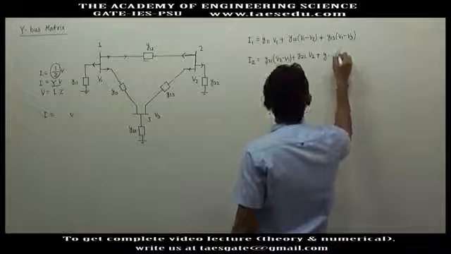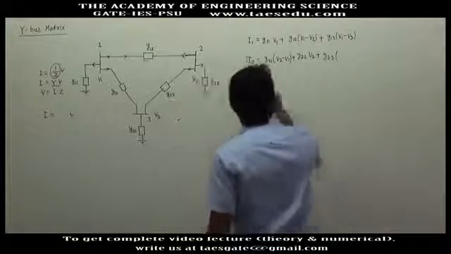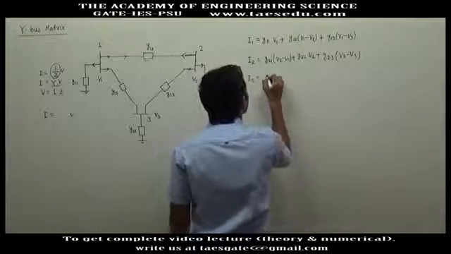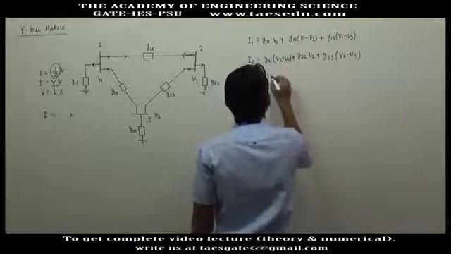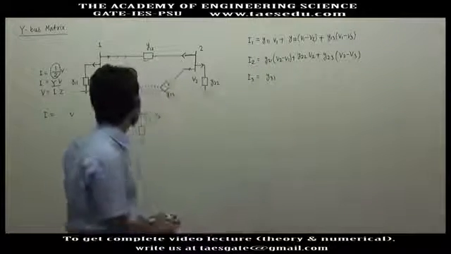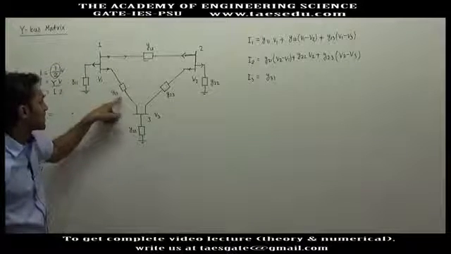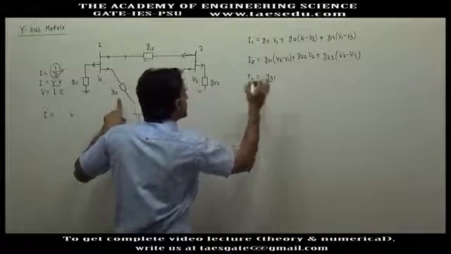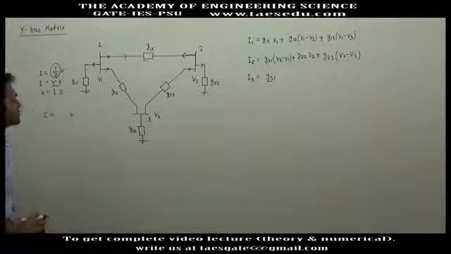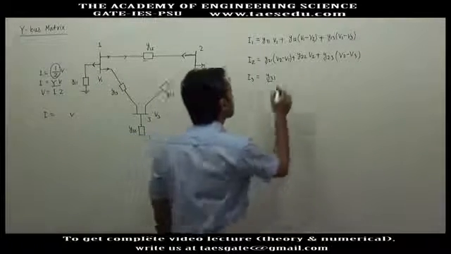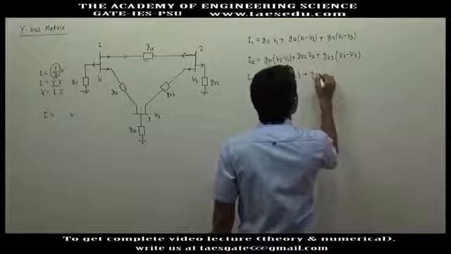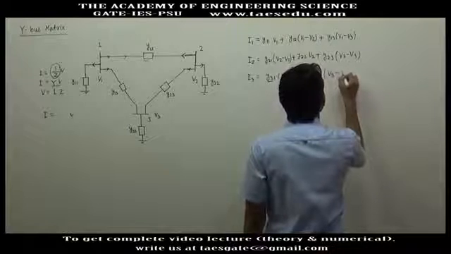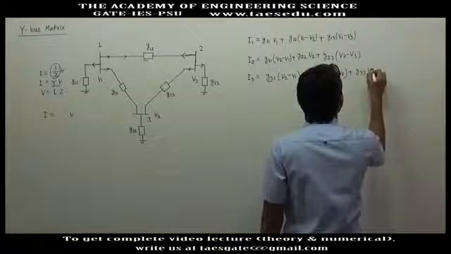And the third current is Y23 into V2 minus V3. Similarly, I3 will be Y31, whether I write Y13 or Y31, for I3 I will name it Y31. Y31 into V3 minus V1, plus Y32 into V3 minus V2, plus Y33 into V3.